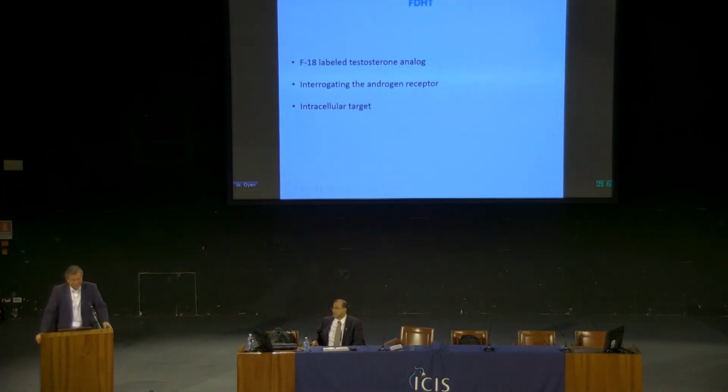An interesting agent is the FDHT, so it's a labeled testosterone analog. You directly go after the expression of the androgen receptor, and because it's an intracellular target, it's a bit challenging to develop the tracer because it first has to go into the cell and then stick there.